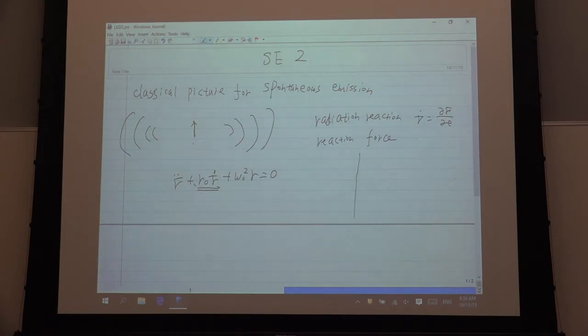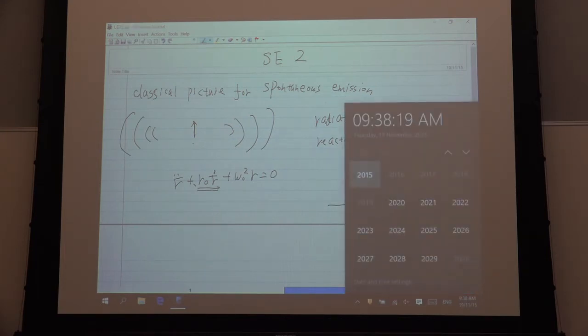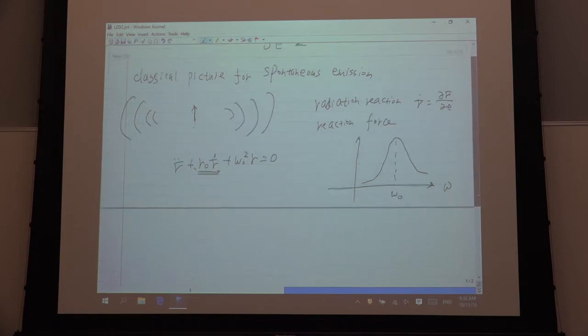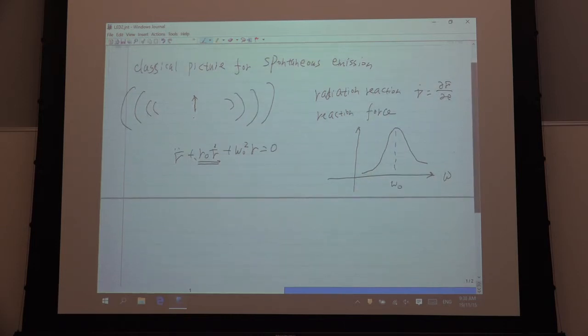This is Lorentz. This is omega 0. It means the dipole will decay. From classical theory, the dipole will decay.